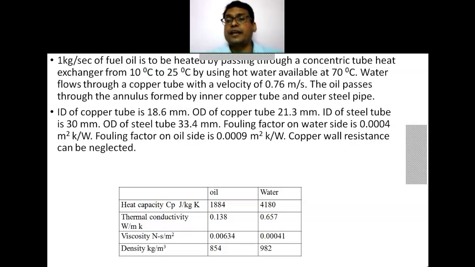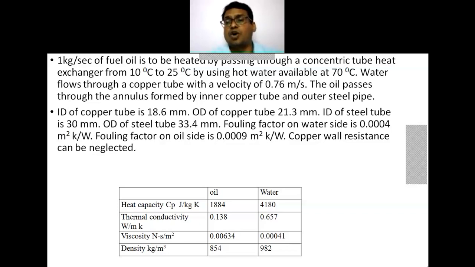Then the fouling factor on the water side is 0.0004 meter square Kelvin per watt, and the fouling factor on the oil side is 0.0009 meter square Kelvin per watt. And the copper wall resistance can be neglected when we calculate the overall heat transfer coefficient.